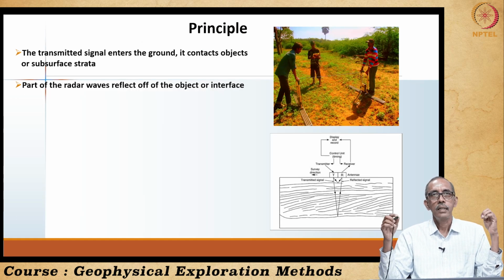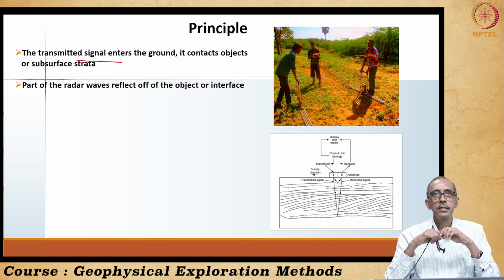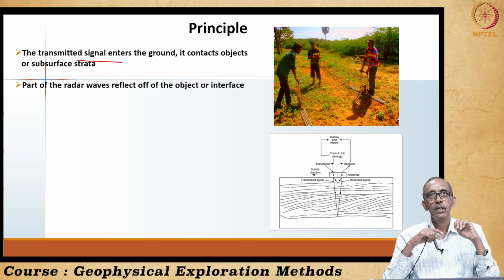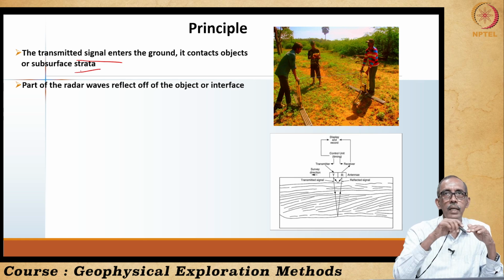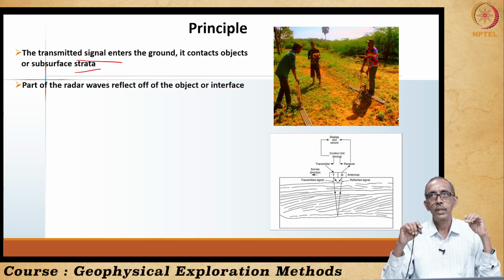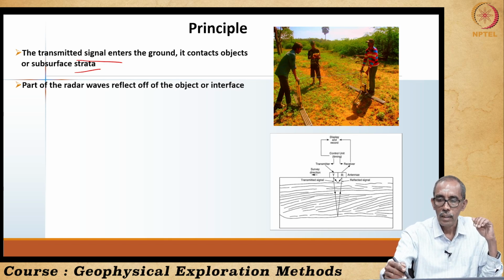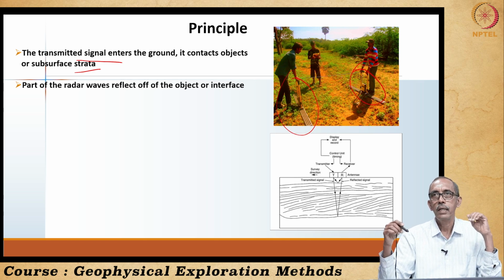Here, with a little more detail, we are seeing the transmitted signal enter the ground, right, and contact the subsurface strata, maybe a bedding plane or some other contacts. Here you can see our scholars in the field near Madurai using the ground penetrating radar.